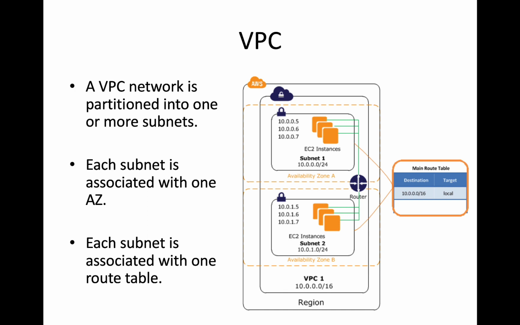So we have a VPC that we create within our region, and we assign a network block to that VPC. The next step is to then partition that network block into one or more subnets. And every VPC has to have at least one subnet in it.